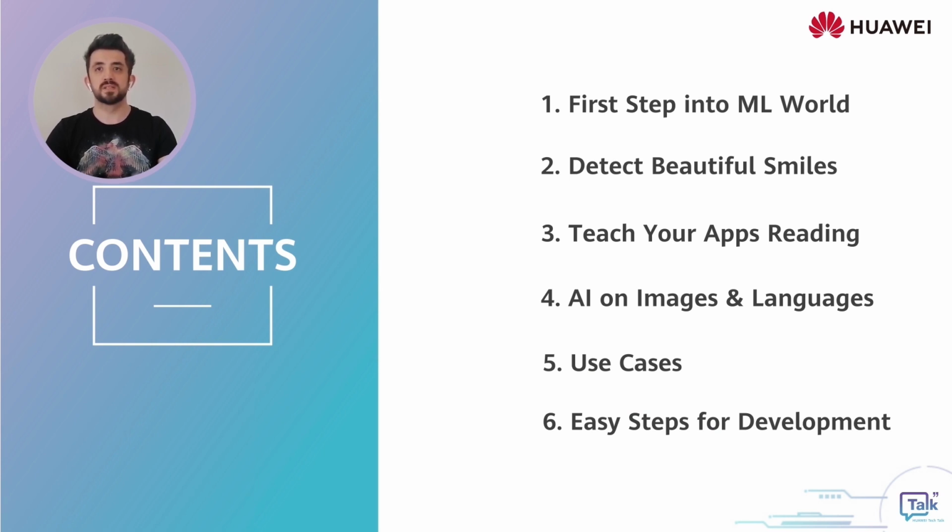Then we will look at some of its main features, such as face detection, text and document recognition, image classification and segmentation, and language translation covering text-to-speech and speech-to-text services. Then we will look at several examples of how ML Kit is used. And I will finish my presentation with steps for ML Kit integration and Smiley camera app development.